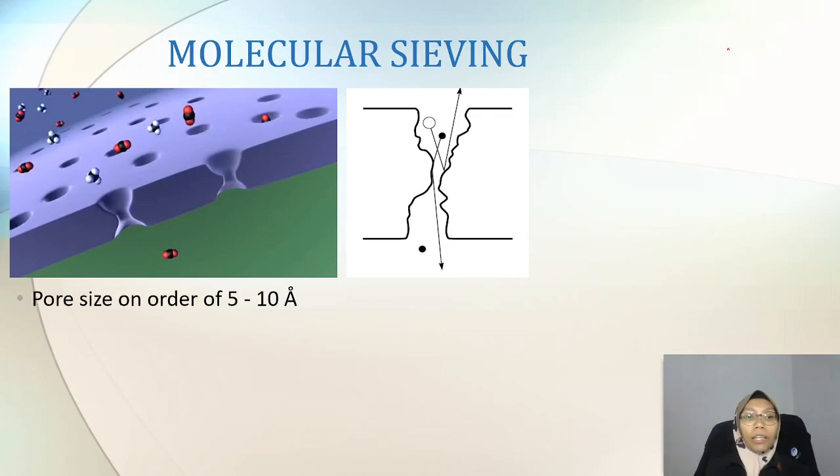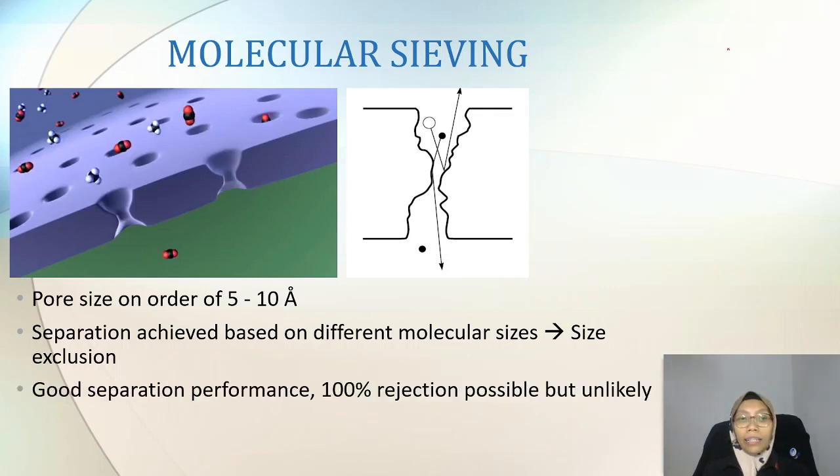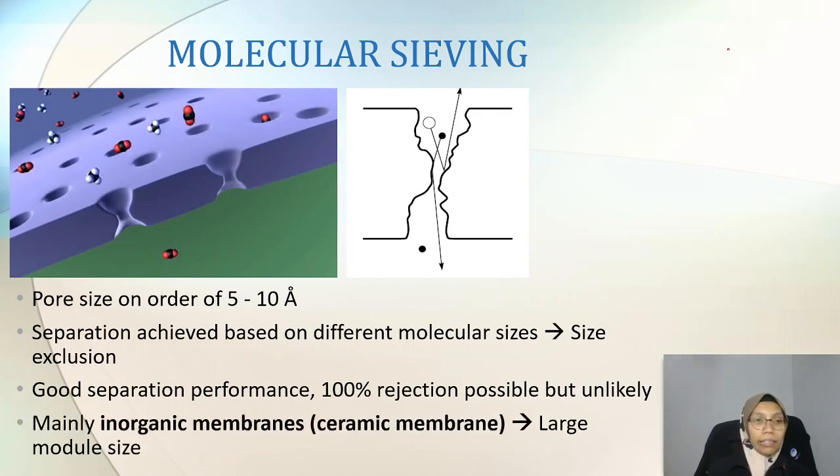The pore size for this separation mechanism is around 5 to 10 angstrom, and the separation is achieved based on the difference in molecular size. The pore size is smaller compared to Knudsen diffusion that we discussed just now. And for this type of separation, 100% rejection is impossible but not unlikely.